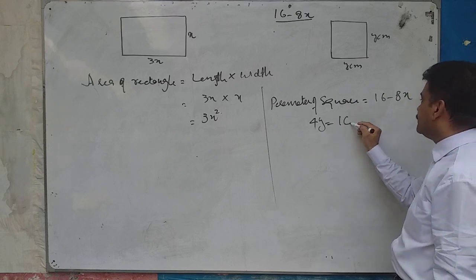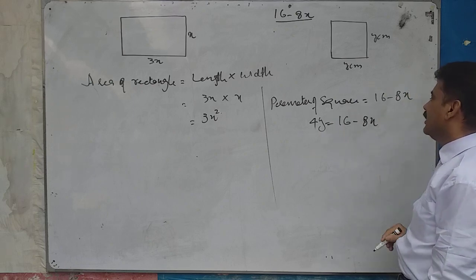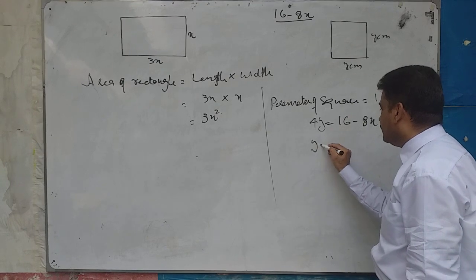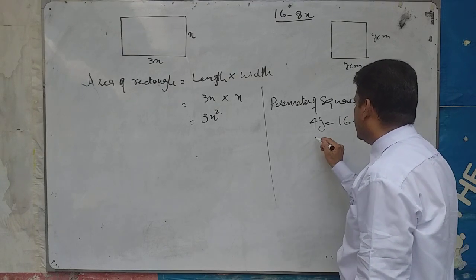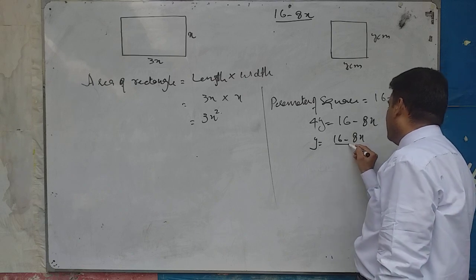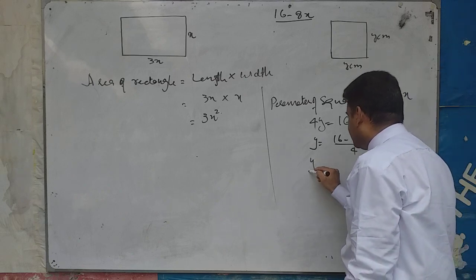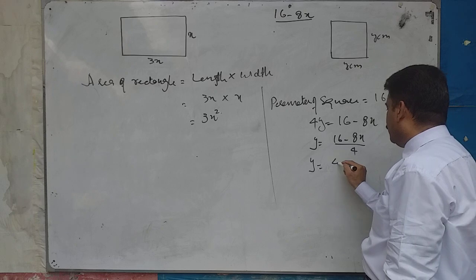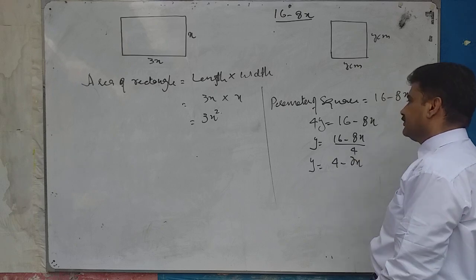So 4y is equal to 16 minus 8x, and we get y is equal to 16 minus 8x by 4. We get y is equal to 4 minus 2x.